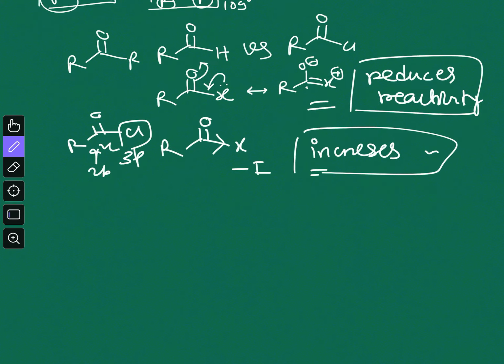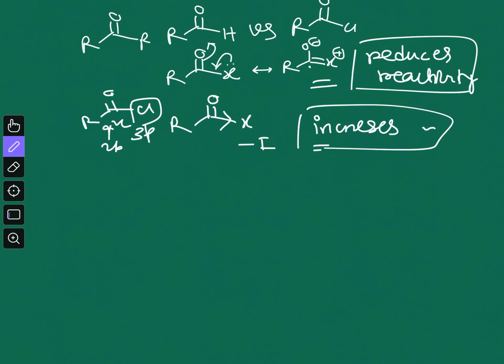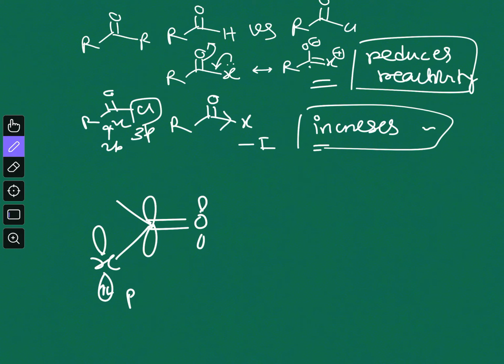Now we can also explain these by considering the molecular orbitals. In case of the X atom, what happens? If you have this X atom, this is the filled p orbital of X atom, and this is the empty pi star orbital of the carbonyl group. If we draw it here, this is the energy axis, and we have this pi star orbital over here, whereas this is the filled non-bonding p orbital.